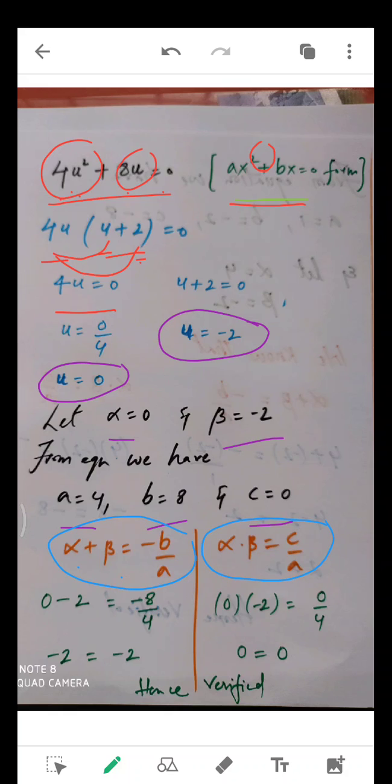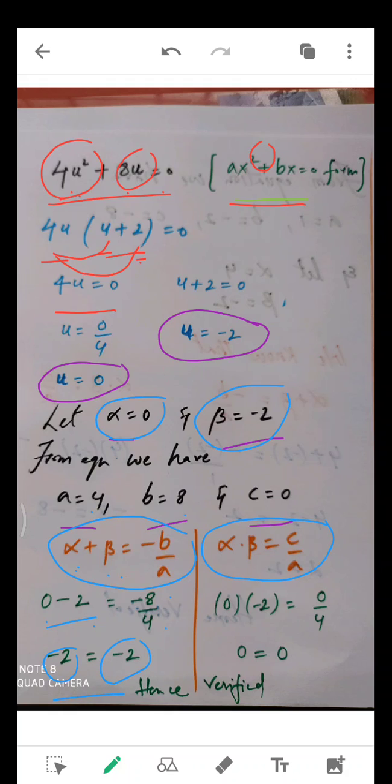In our question, alpha is 0 and beta is minus 2. Substitute alpha and beta here. Alpha plus beta is 0 minus 2. And what is minus b by a? Minus b is minus 8, by a, that is 4. When you divide this, you get minus 2 over here, and 0 minus 2 is minus 2.